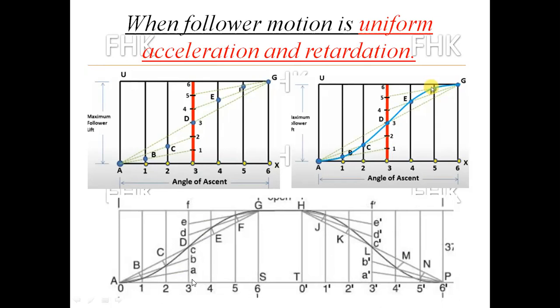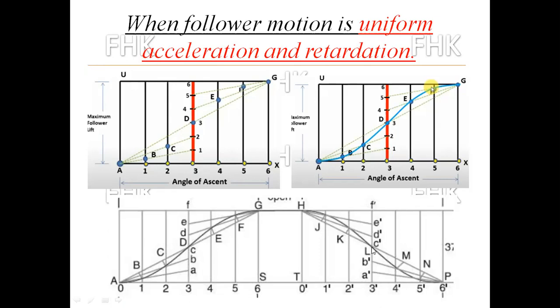Here I will give the numbers from bottom to top. Why? Because the follower is moving from bottom to top, and in the reverse stroke the follower is moving from top to bottom. So I will give the numbers here: 6, 5, 4, 3, 2, 1, 0. Similarly also you can give the numbers here and you will get the curve here. The intersection of this point and the intersection of this point will be this point J. K point is the intersection of 2 and D dash here.